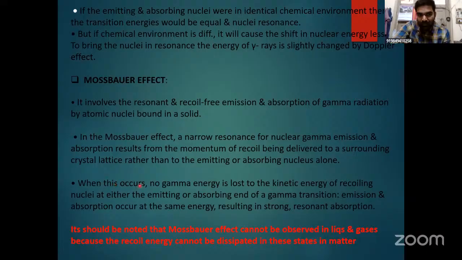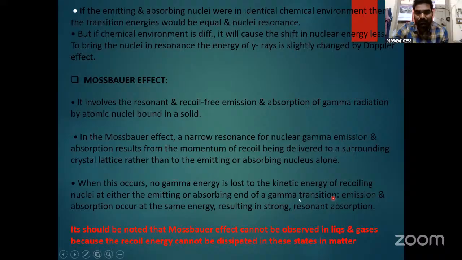So no gamma energy is lost to the kinetic energy of recoiling nuclei at either the emitting or absorbing end of the gamma transition. Energy is protected by keeping the nuclei in a solid crystal.